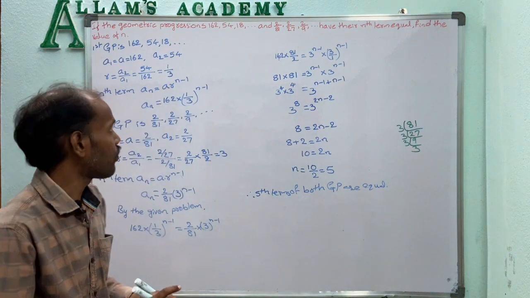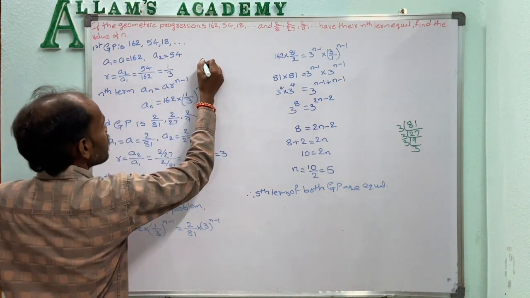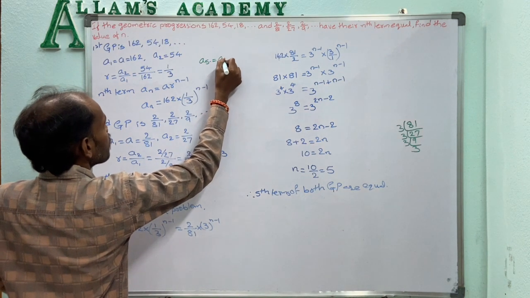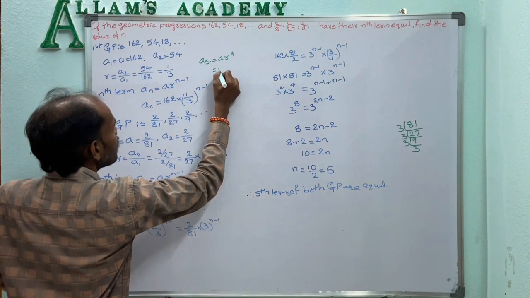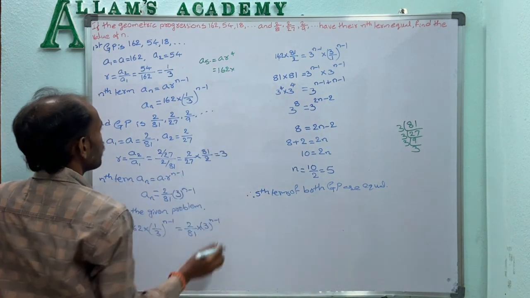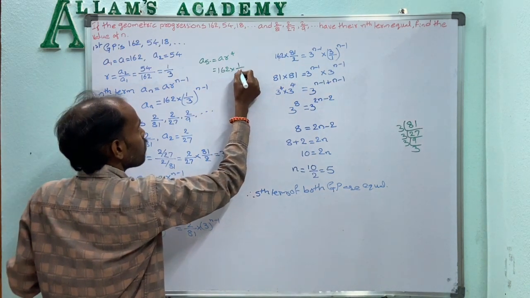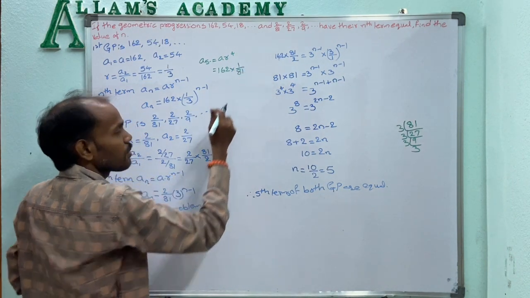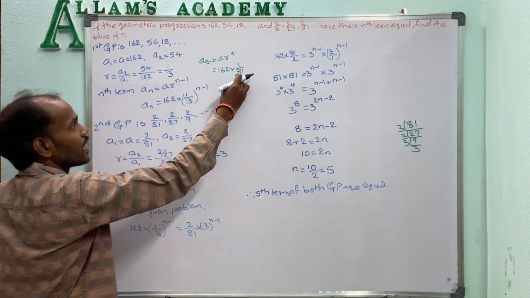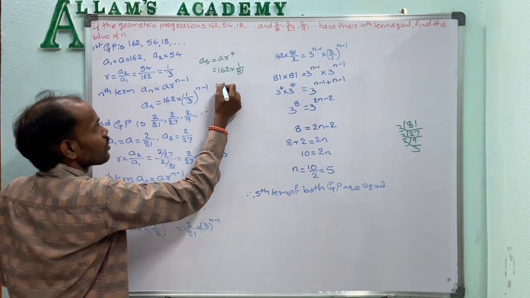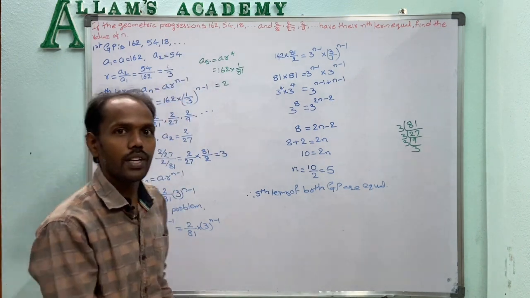Now for the first series, finding the fifth term, a5 is equal to a into r power 4. The first term is 162 and the common ratio of the first series is 1/3. So (1/3) whole power 4 is nothing but 1/81. Already we have done this: 81 ones are 81, 81 twos are 162. So the fifth term of the first geometric progression is 2.